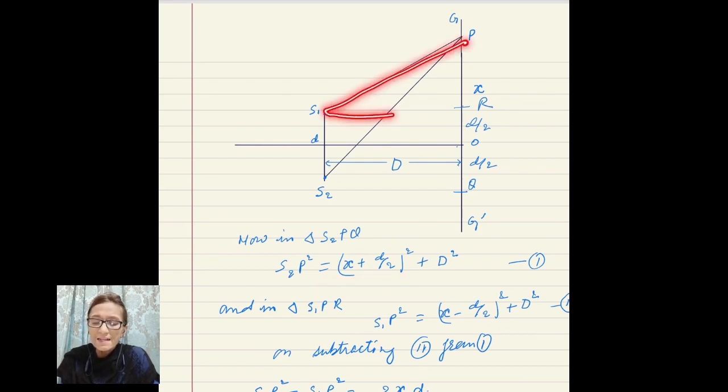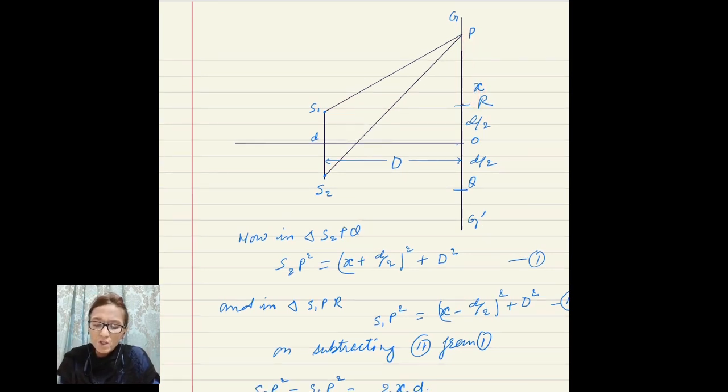And similarly in this triangle, hypotenuse S1P square is equal to base square, that is D square, plus this distance PR square. So you will find that in this case PQ is equal to x plus d by 2. And in the second case, this distance is x minus d by 2.